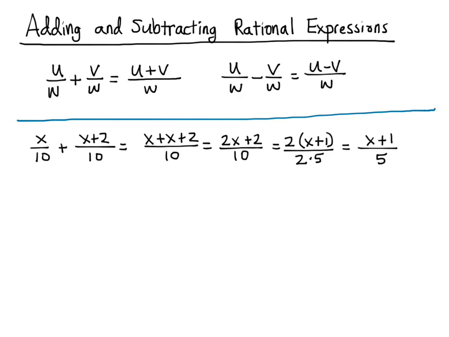If I factor out a 2 in the numerator, factor the 10 to 2 times 5, I can cancel out my 2's, and I get x plus 1 over 5. I've never had any variables in the denominator, so I don't have any domain restrictions. In fact, if that common denominator had a variable, it would be retained and we would have an implied domain restriction.